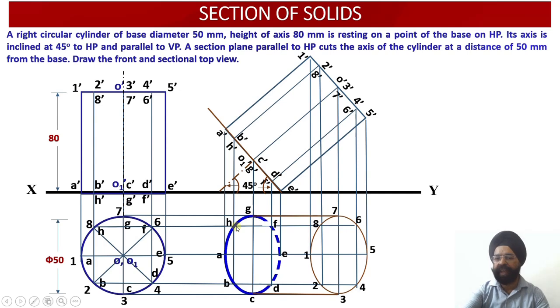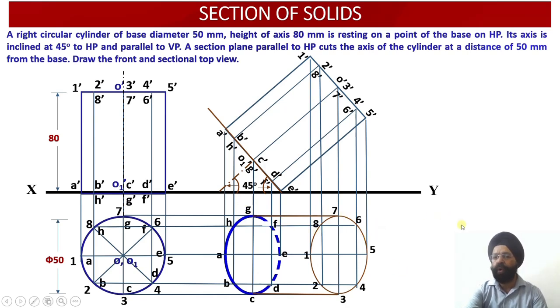So I have joined points A, B, C, D, E, F, G, H, and points 1, 2, 3, 4, 5, 6, 7, 8. These points have given me two ellipses. One ellipse corresponds to the inclined circular portion, that is the top face. Another ellipse corresponds to the inclined circular portion which corresponds to the base. And these are all the artificial generators: A1, B2, C3, D4, E5, F6, G7 and H8.